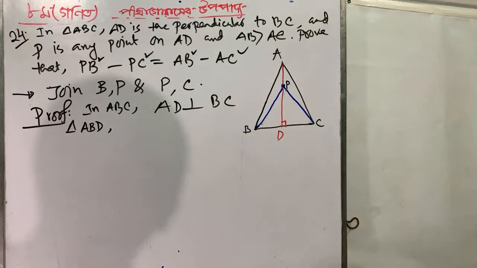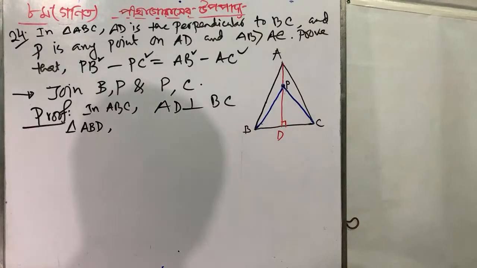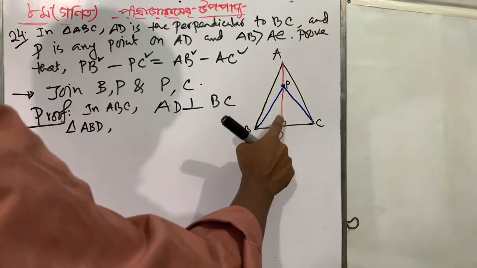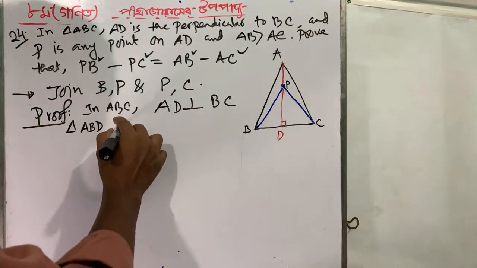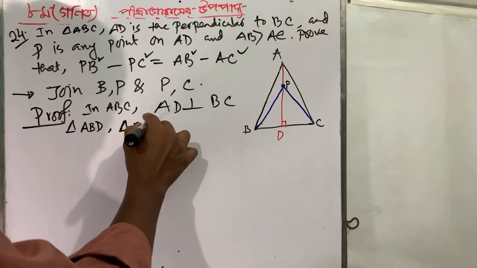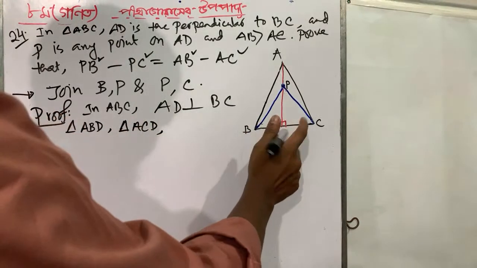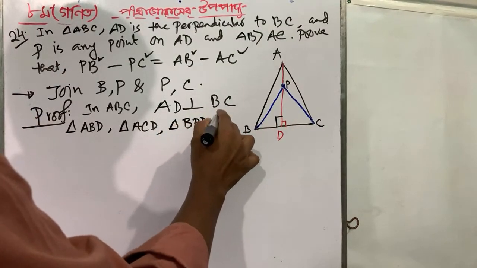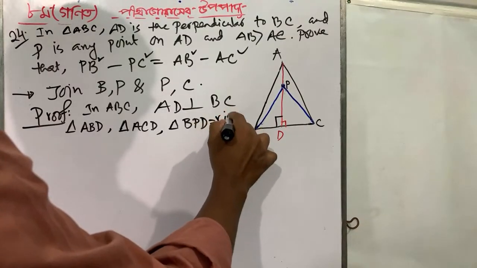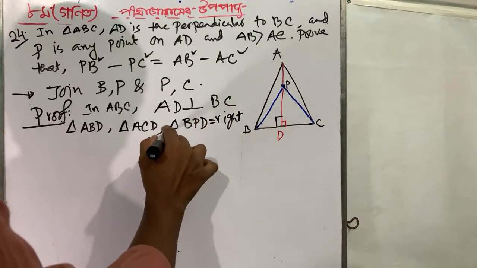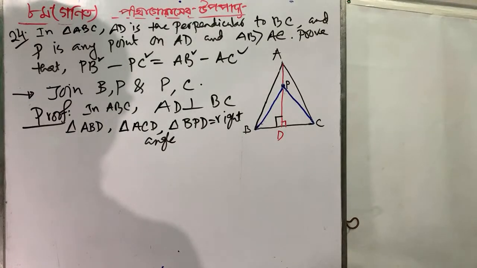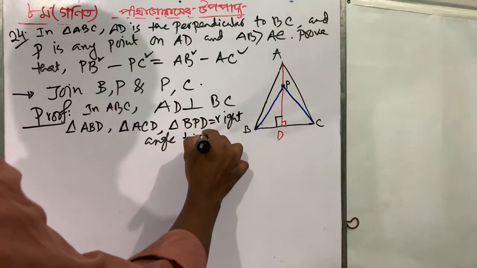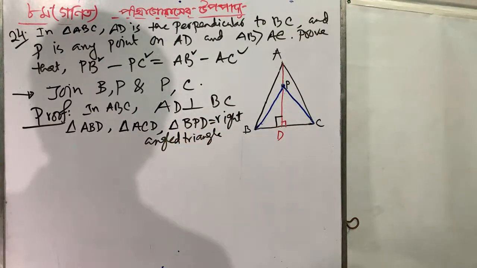All of these triangles are right angle triangles, right? Right angle triangle meaning that one of the angles is 90 degrees.